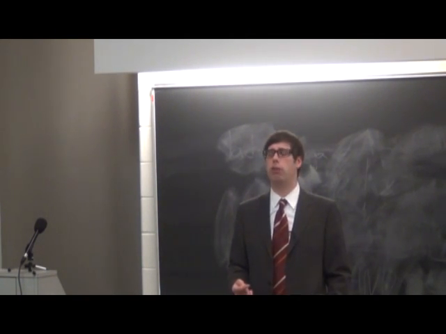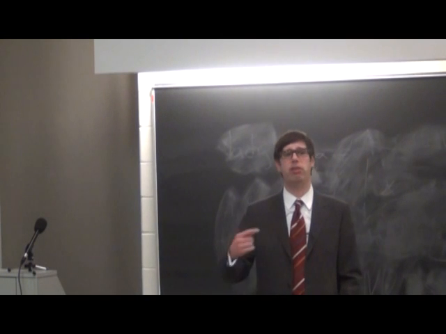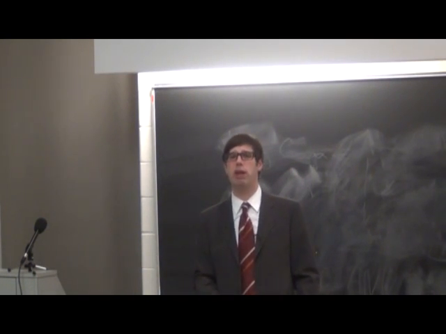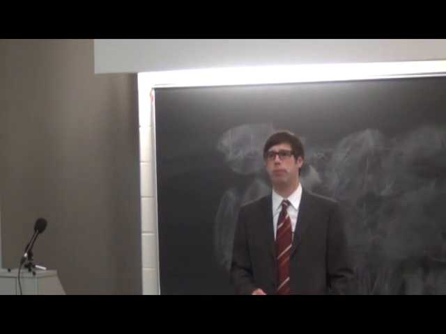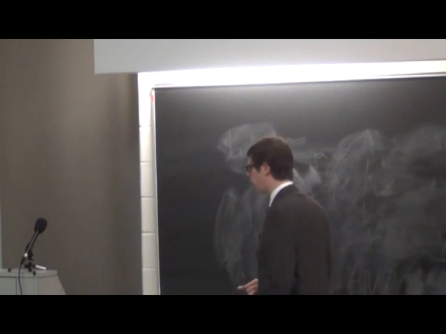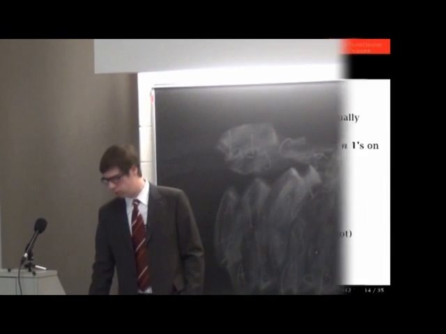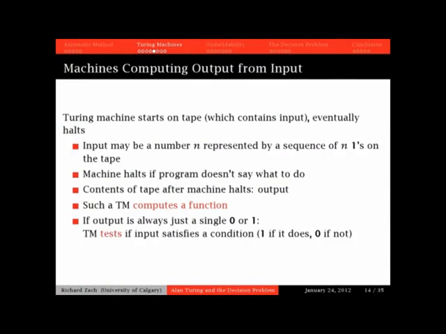And if you have a Turing machine that does that, then that sequence of zeros and ones that the machine is writing onto the tape is the number that the Turing machine computes. Okay? Of course, there's also a second kind of task that Turing machines can accomplish, and that's probably the more familiar one.